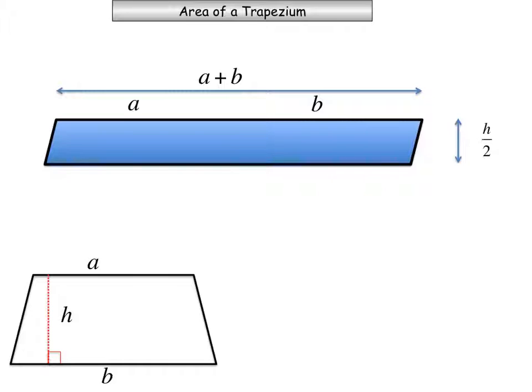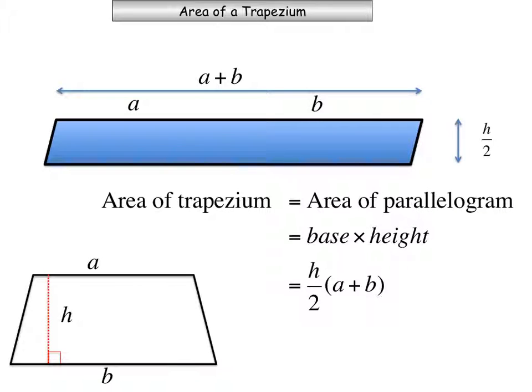So remember how we worked out the area of a parallelogram? The base times perpendicular height. So the base is this A plus B, and the perpendicular height is H on 2.